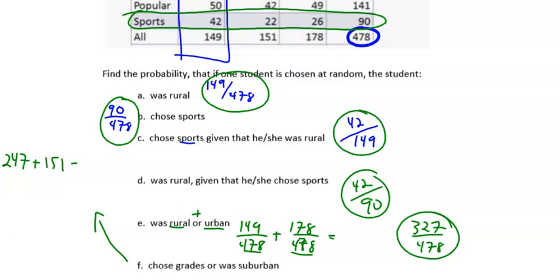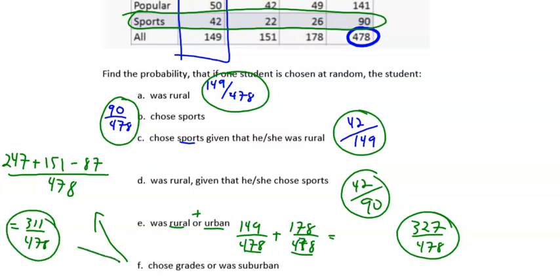So grades and suburban. So I got to subtract those guys off. Okay, so subtract the 87. And this one, I'll just put that all over 478. So that's the answer. If I do the math, 247 plus 151 minus 87 gives me 311. 311 out of 478. That is my answer to F.